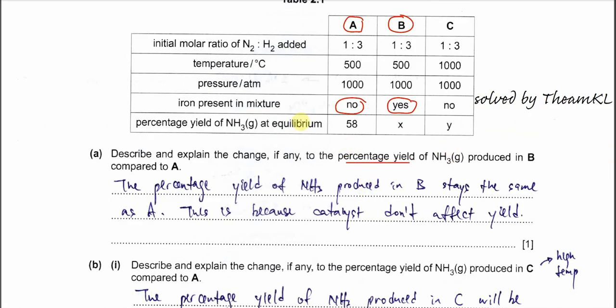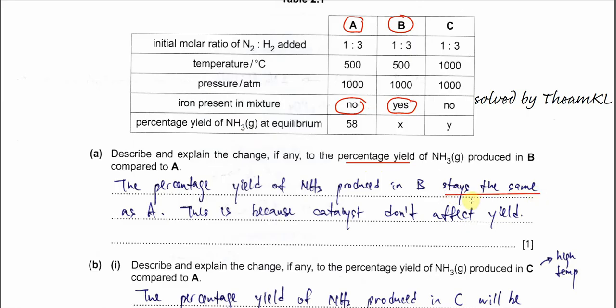You all need to know a catalyst will not affect the yield. It will just affect the rate of reaction, to make it faster or sometimes slower. So therefore, we know that for the equilibrium mixtures A and B, the percentage yield of the ammonia is no change.